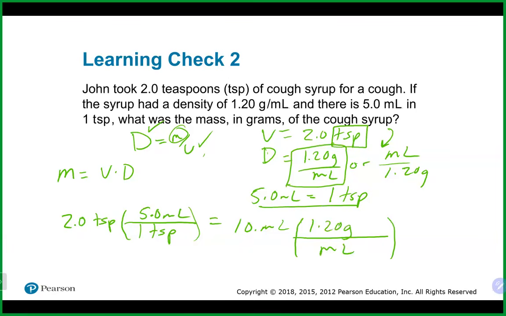And once again, we can see that the units cancel, leaves us grams at the end, which is what we're looking for. So we'll do 10 times 1.2, going to give me 12 grams in this particular case. First off, any question on the calculation?